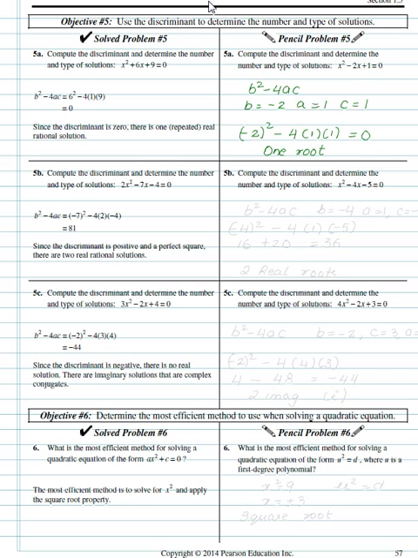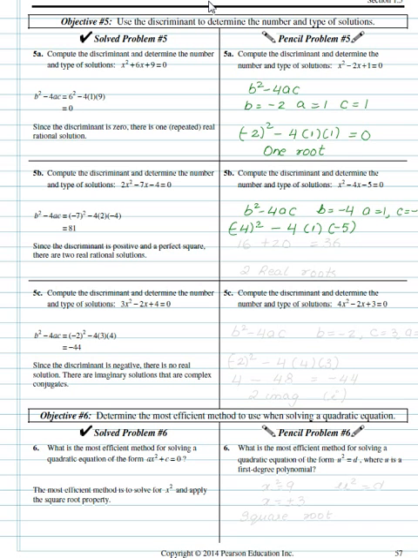5b, the discriminant, b squared minus 4ac. B is negative 4, a is 1, c is negative 5. B squared is negative 4 squared, minus 4ac.